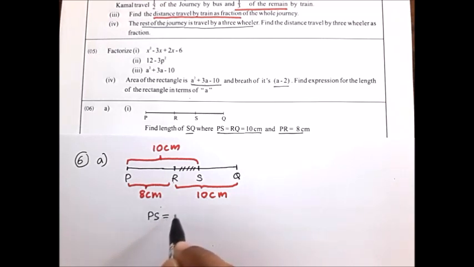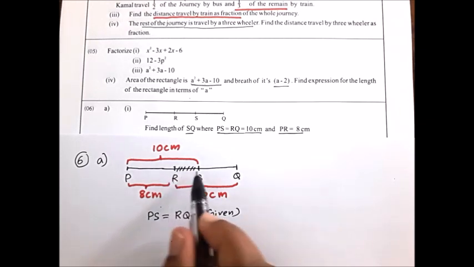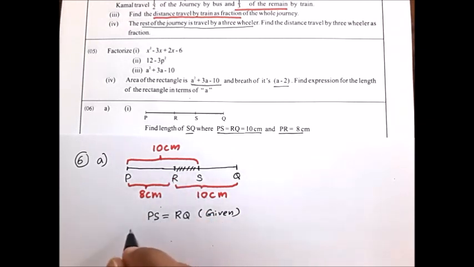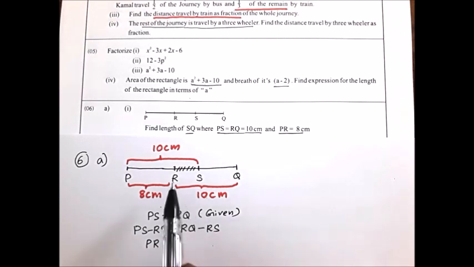First write PS equals RQ. It is given. Then subtract this middle part from both sides. Subtract RS from PS and RQ. Here PS minus RS gives PR, RQ minus RS gives SQ.